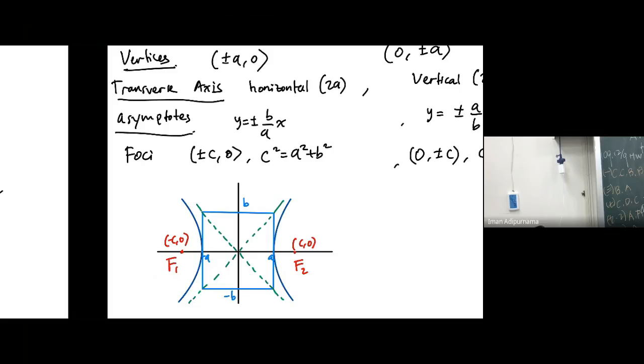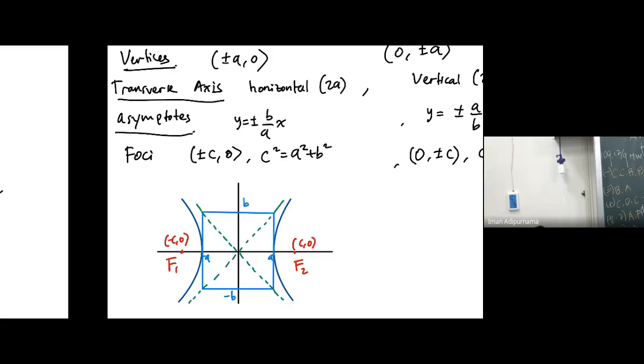And then draw the rectangle with the sides 2a and 2b. After you draw the box, then you can draw the hyperbola. That's the proper way: from the asymptotes, then draw the rectangle, and then draw the hyperbola.